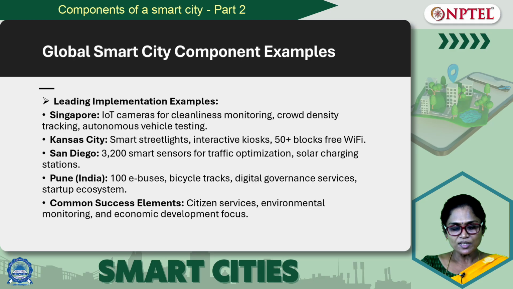Then San Diego installed more than 3,500 smart sensors for traffic optimization, and also deployed solar charging stations for its EVs. Pune in India operates 100 e-buses to reduce emissions, implemented extensive bicycle tracks, developed digital governance services, created a startup ecosystem, and some more.